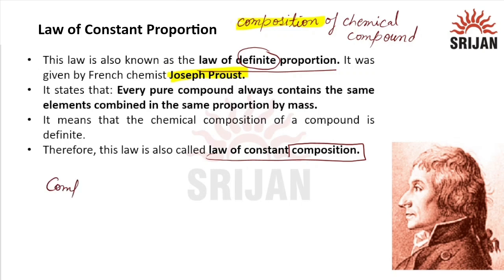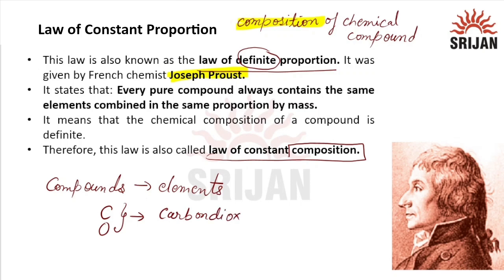We know the chemical compounds, or you can say pure compounds, are formed by the combination of specific elements. If elements are changed, then the compound is also changed. For example, carbon and oxygen can form carbon dioxide or carbon monoxide.